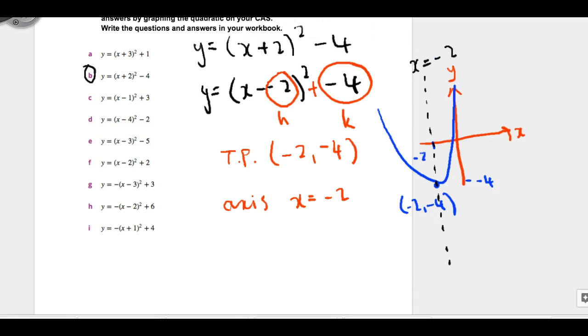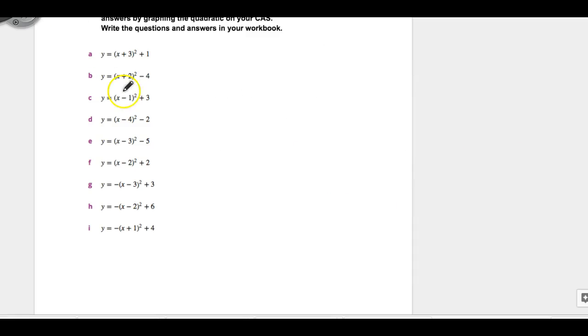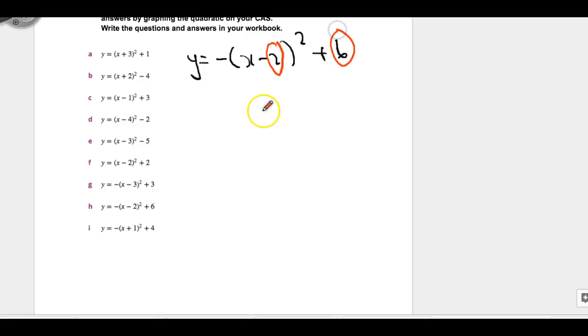All right, let's have a go at H. We have y equals -(x minus 2) squared plus 6. I know straight away it's going to be a negative parabola, but let's highlight our H and K values. We've got to leave that negative in. So there's H, there's K, so your turning point is at (2, 6), and your axis of symmetry is x equals 2.